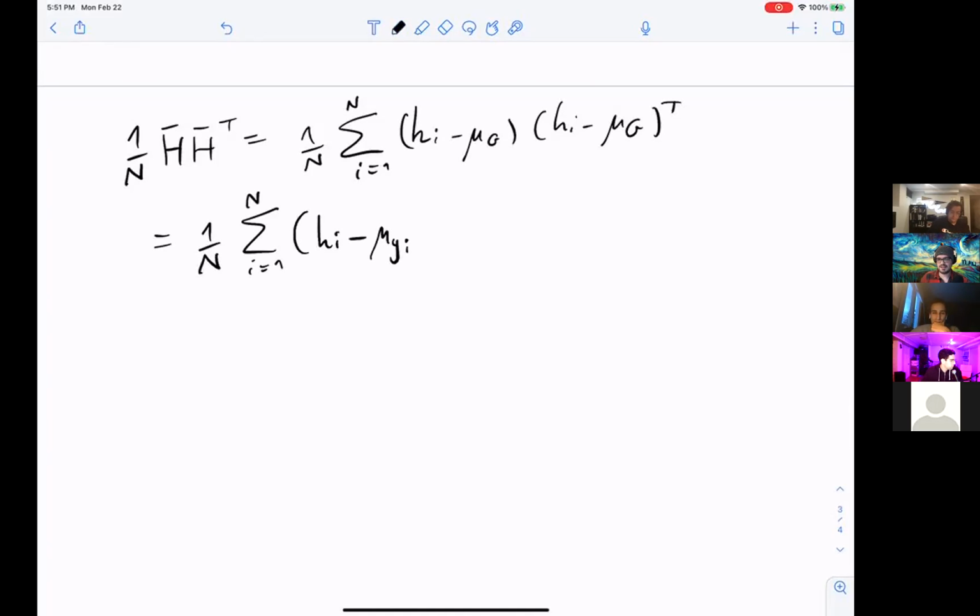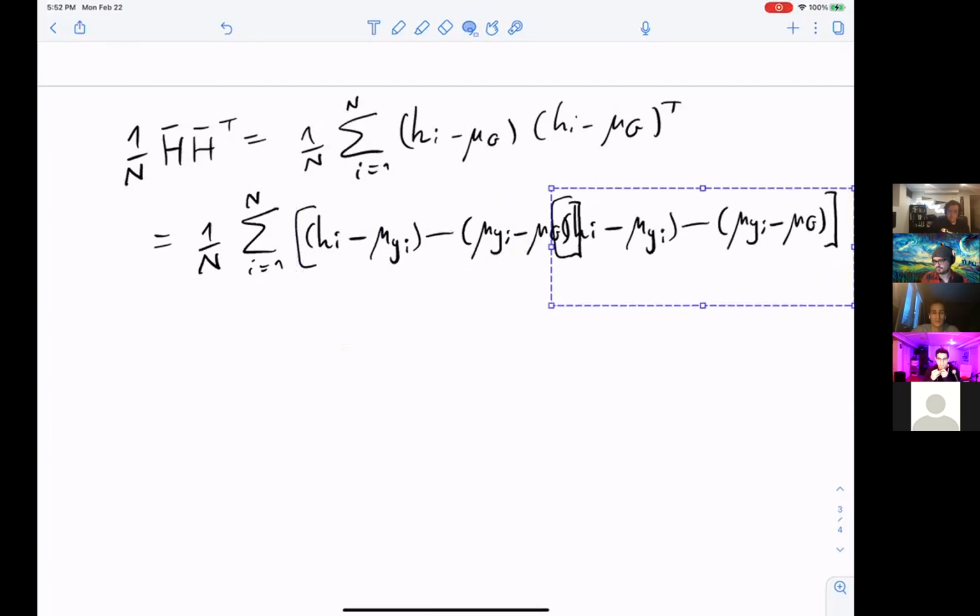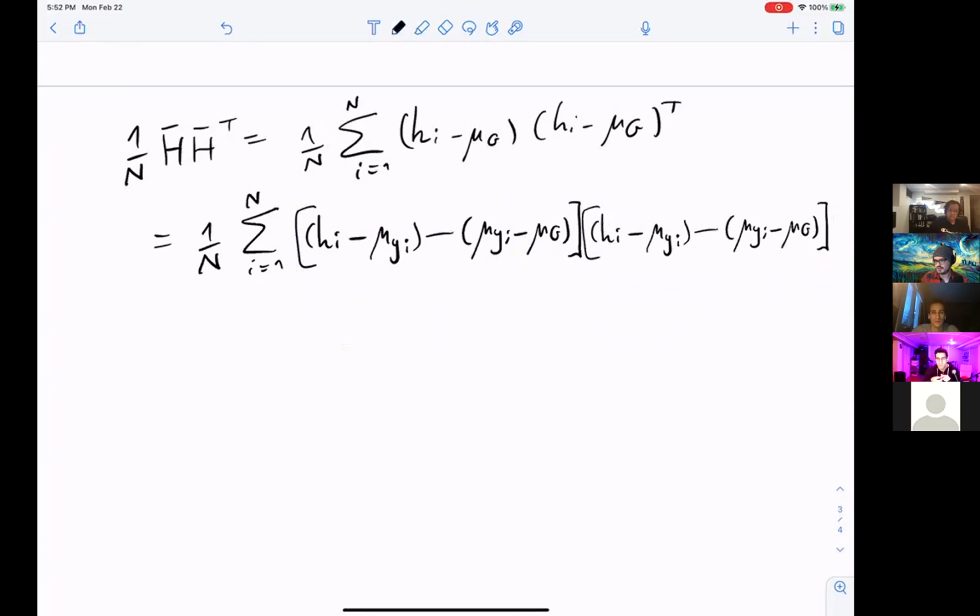Mu yi is the class mean of the corresponding example. So mu yi is simply the class mean corresponding to the ith example in the data set. Does that make sense?